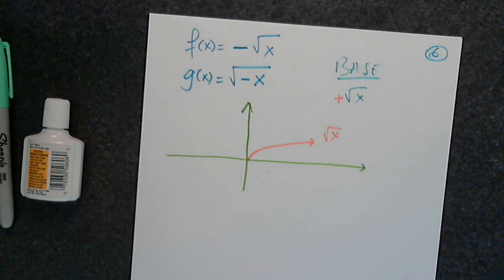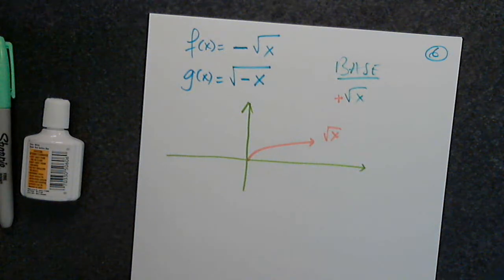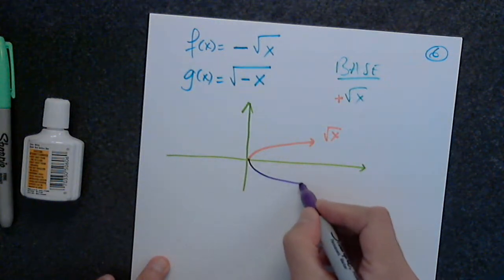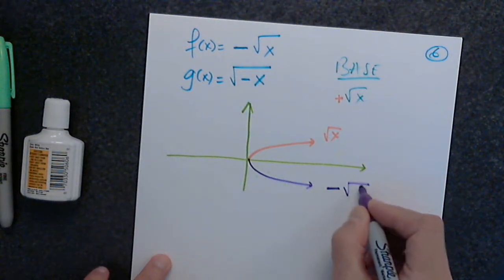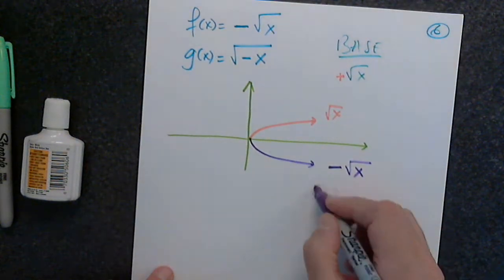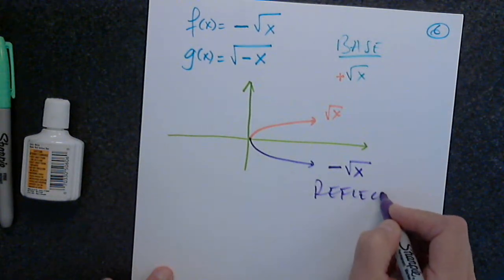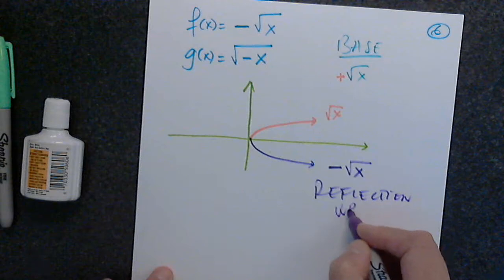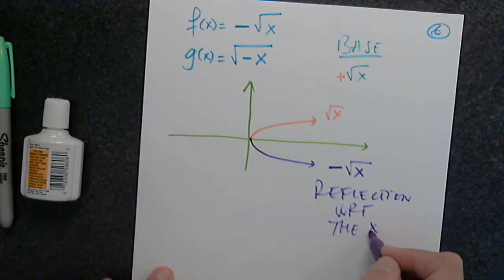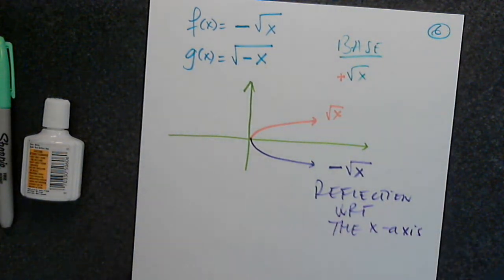So what type of transformation? Yes, with respect to? That's it. So here comes the graph of negative the square root of x. So reflection with respect to the x-axis. Excellent.